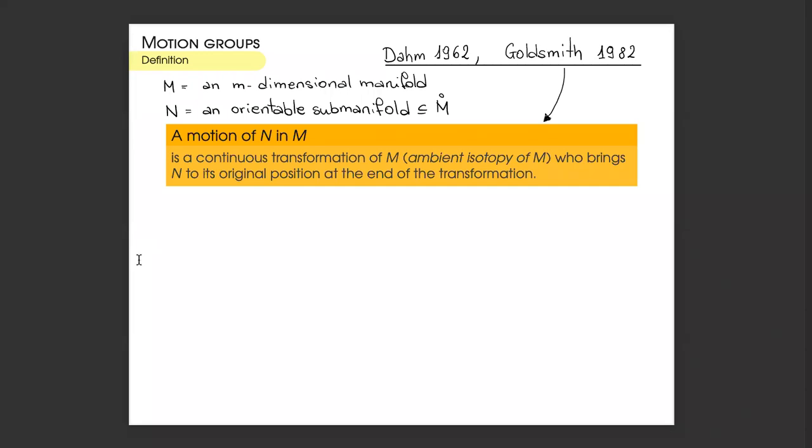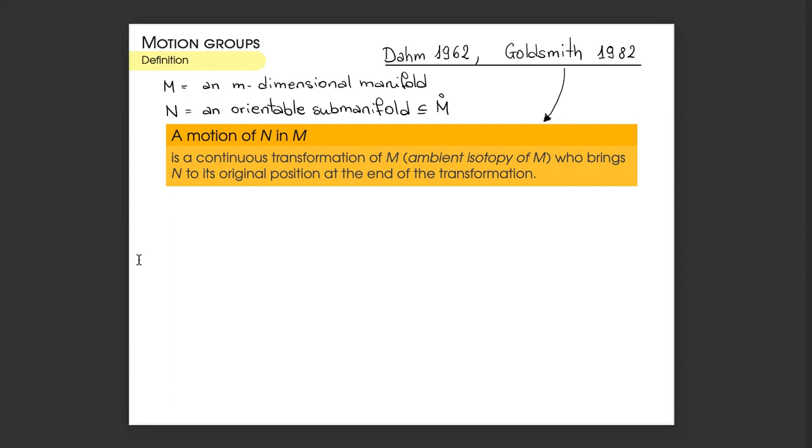I'm going to omit a lot of technicalities just to get through what it is that we have to think about. So the motion group of N in M is the group of continuous... first, a motion is just a continuous transformation of M that brings the submanifold N back to its original position after moving inside M. This concept was defined by Dahm in 1962, who was a PhD student of Fox and was working on generalization of braid groups.